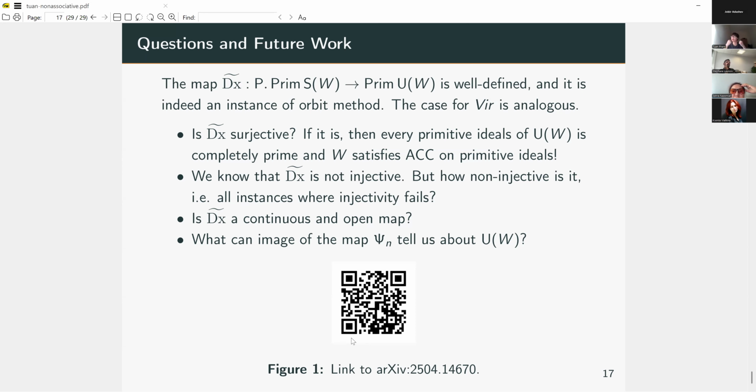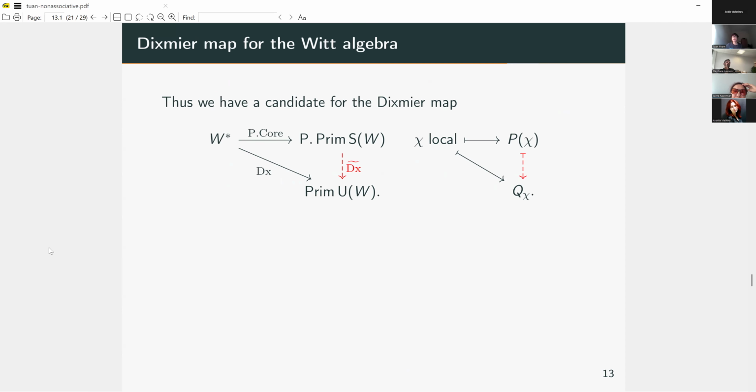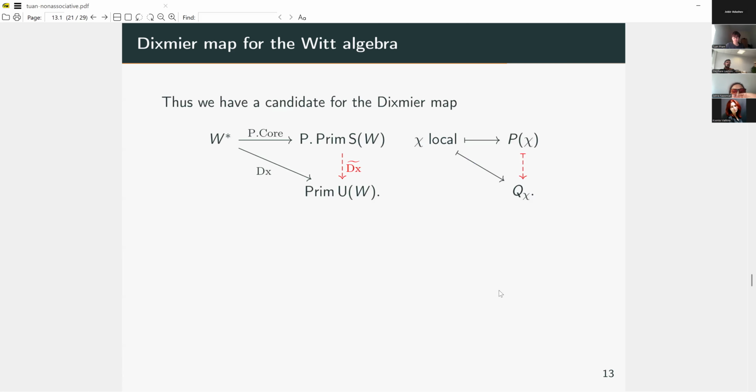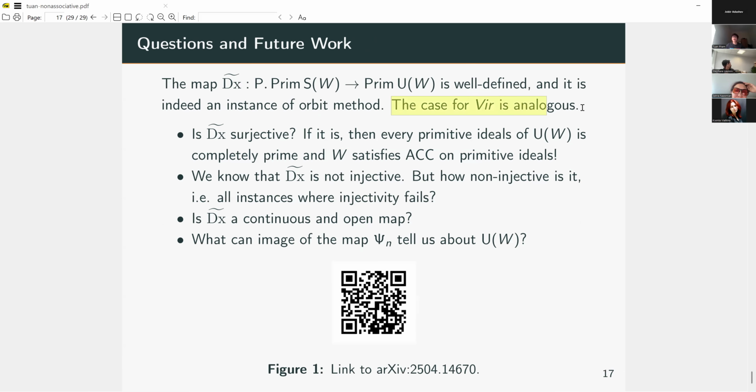So the case for the Virasoro algebra is analogous as well, where the Dixmier map is you send Q local to Q chi as well, and chi not local to the ideal generated by Z minus chi of Z. But the point is we can do the same for the Virasoro algebra.